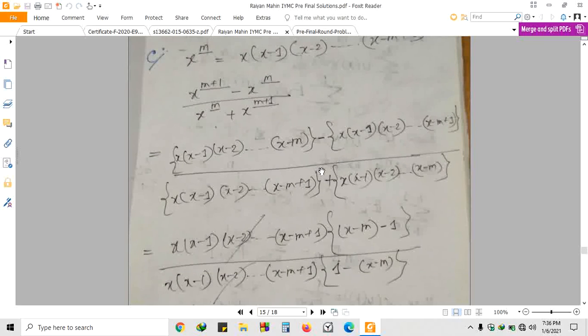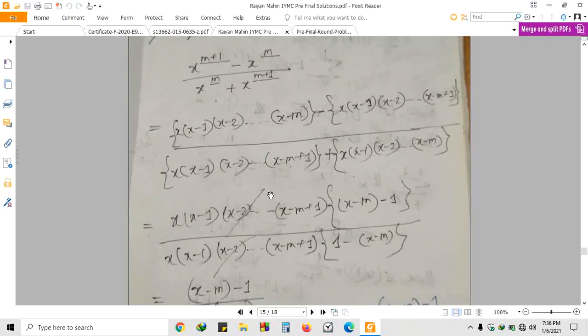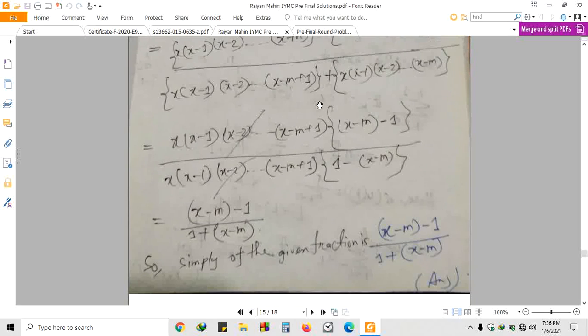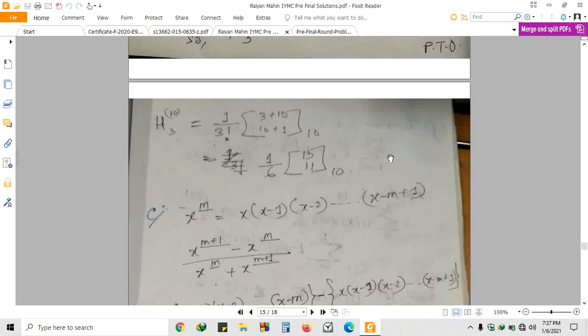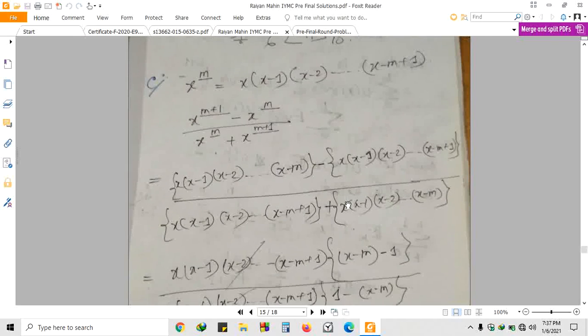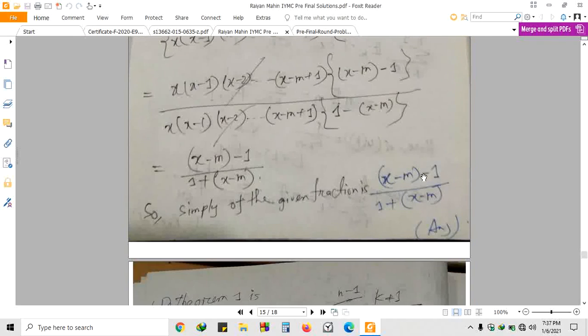I take this common and both portions cancel from the denominator and numerator, and the remaining part is x minus 1 minus m divided by 1 plus x minus m. So the simplification of the given fraction is x minus m minus 1 divided by 1 plus x minus m.